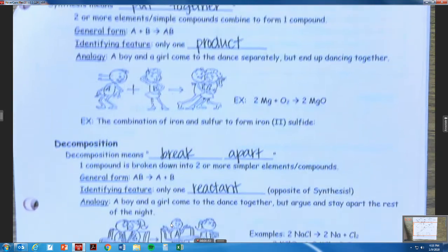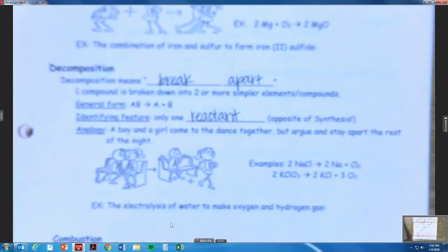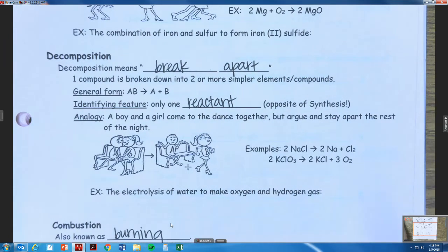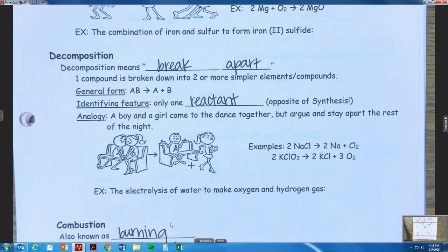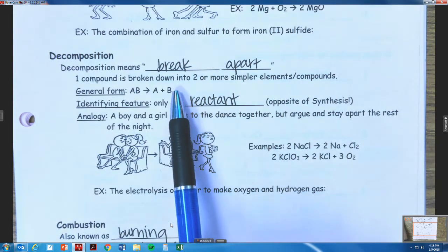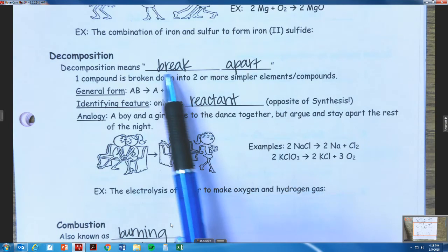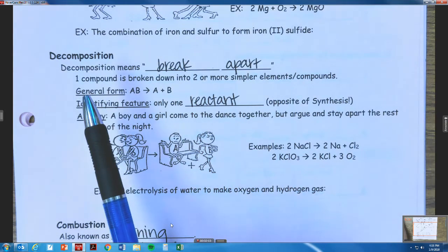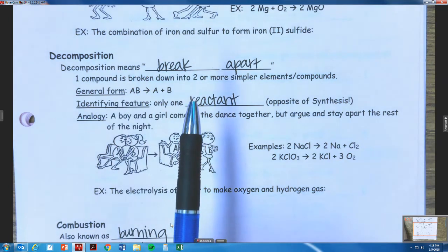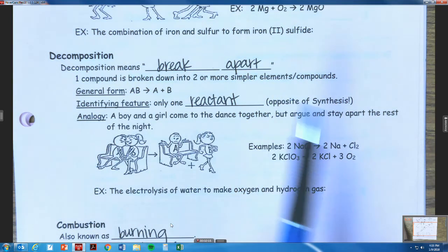So the next type of redox reaction we have is decomposition. Whenever you think of decomposition, you should think of something breaking apart. Decomposition is when one compound is broken down into two or more simpler elements or compounds.